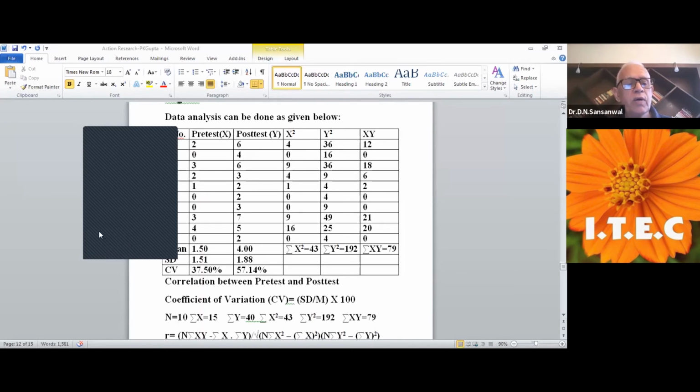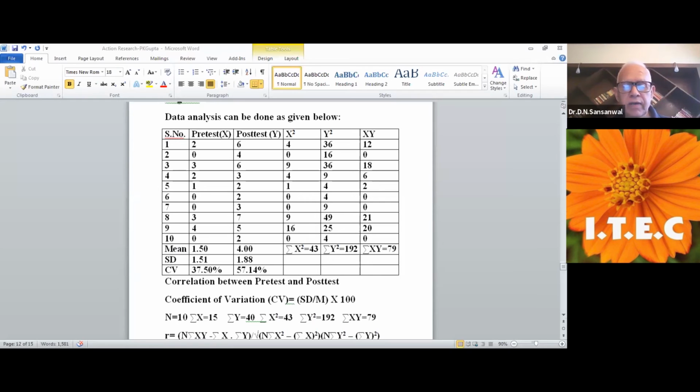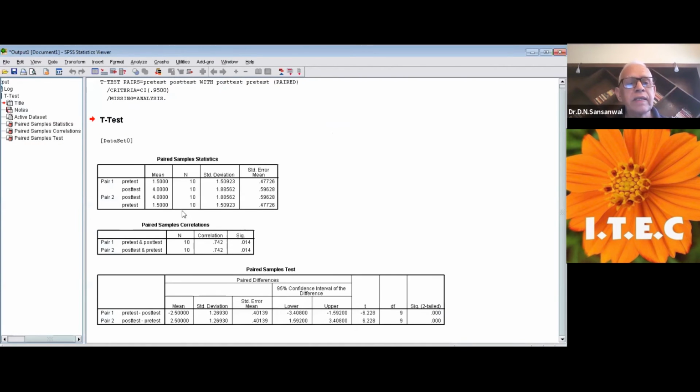What is happening? Is this SD all right? It is 1.50. Pre, it was 1.51.